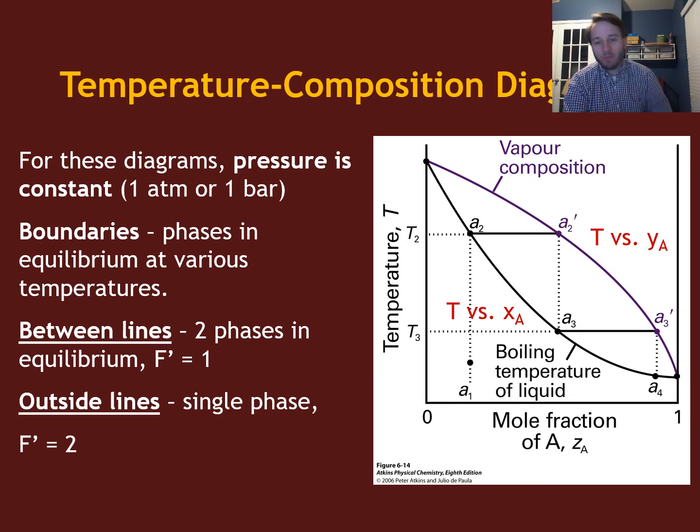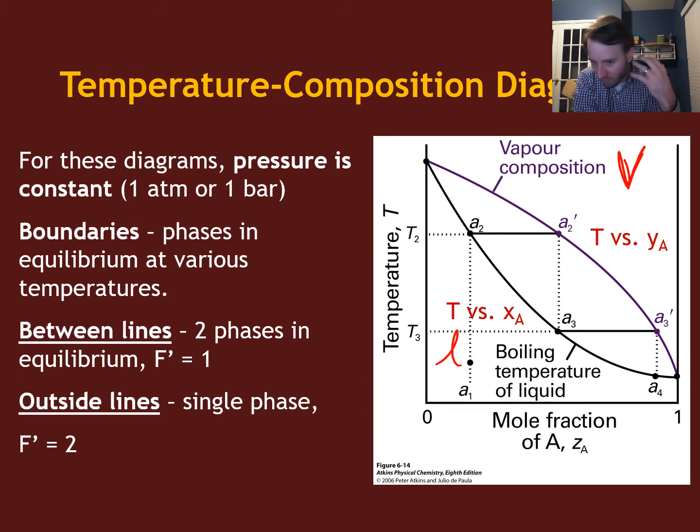Now, when you have temperature versus mole composition, it looks fairly similar to the pressure versus mole composition diagram, but just notice that the vapor phase, in the top part of the diagram, is the stable phase, and the liquid phase is the stable phase at the lower part of the diagram. At room temperatures, the liquid is more stable than the vapor, which should be expected.